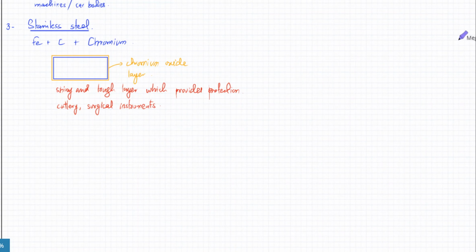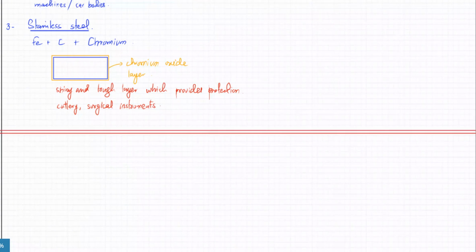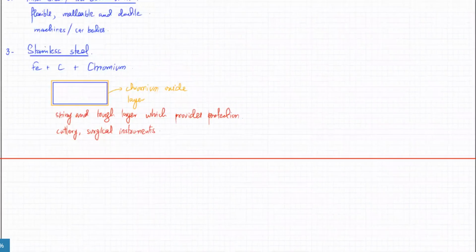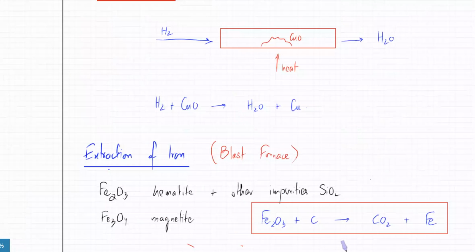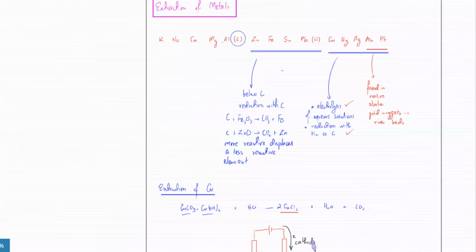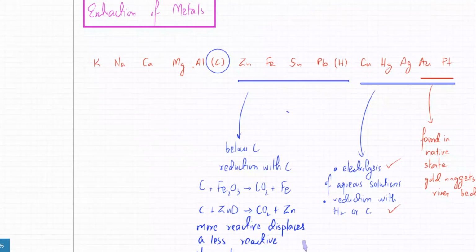The next one after that is, if you go back, तो वहां पे उसके बाद जो चीज है ना, elements that are very reactive, you can't do reduction with carbon. ठीक है?